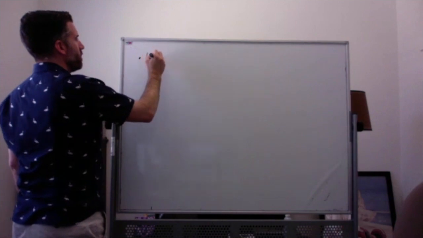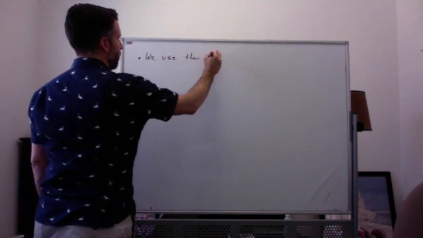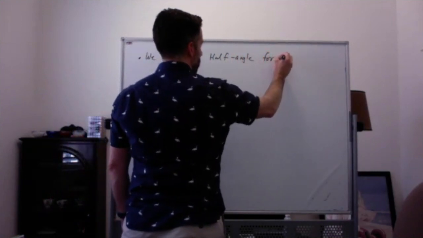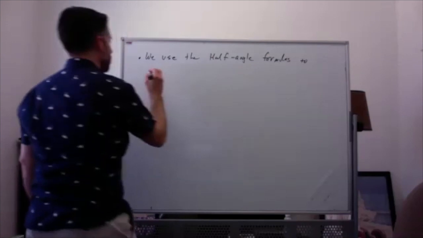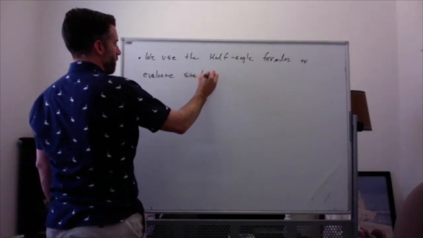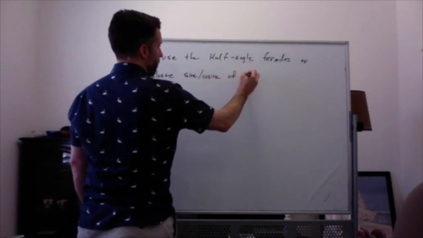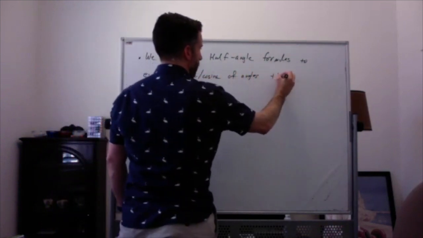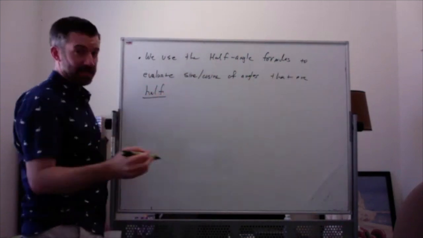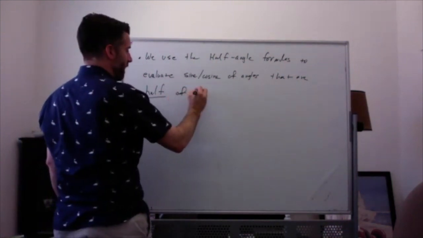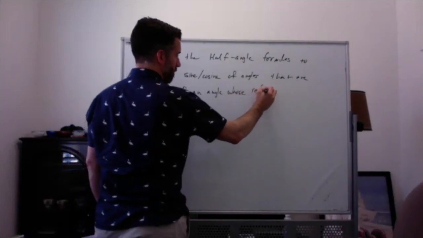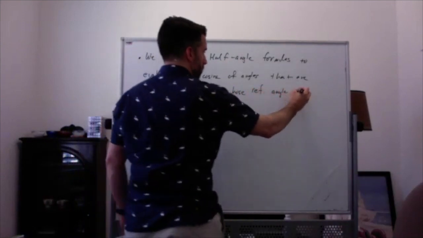So we use the half angle formulas to evaluate sine or cosine of angles that are half, hence the name, of an angle whose reference angle is pi over 4, or 45 degrees.